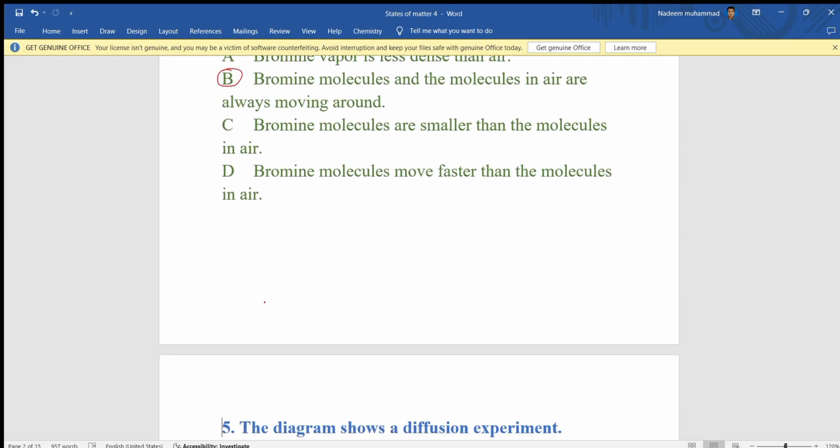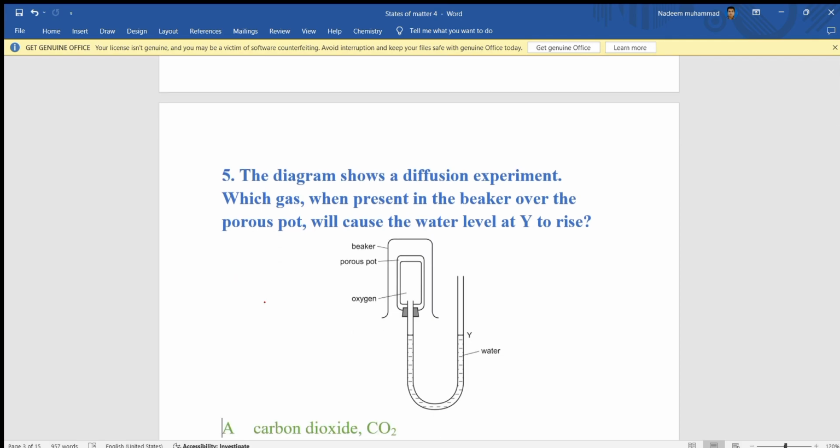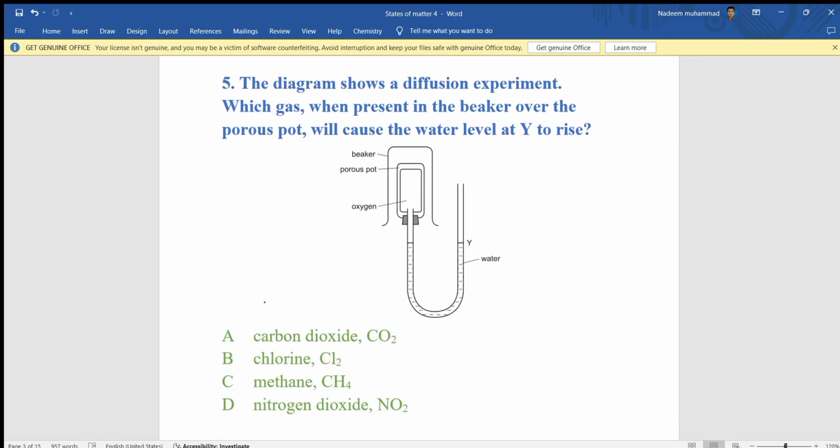Fifth is that the diagram shows a diffusion experiment. Which gas, when present in the beaker over the porous spot, will cause the water level at Y to rise? Now, this will only happen if the gas in the beaker is a lighter one and it can diffuse quickly into the porous spot, or it has higher rate of diffusion than oxygen.